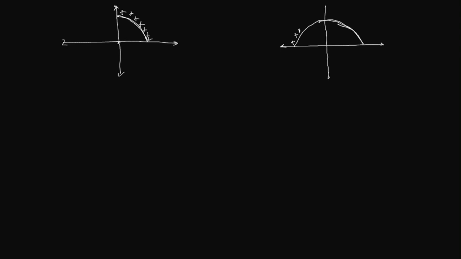This is also part of a loop. So if this arc part carries a uniform charge density lambda and the radius of this loop is, let's say, capital R, then what will be the electric field at the center?